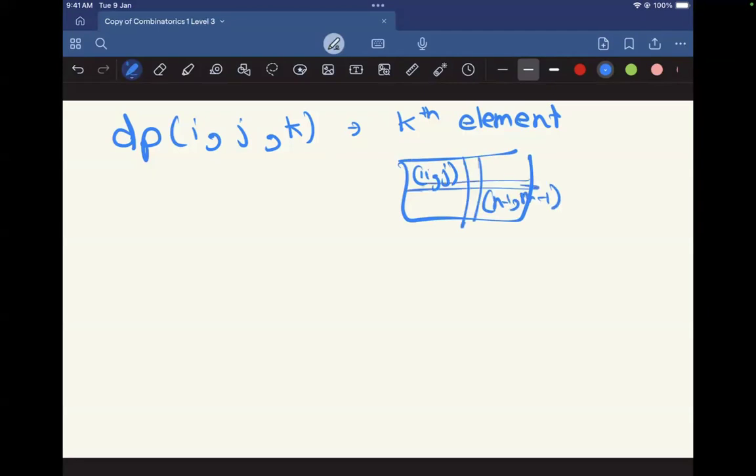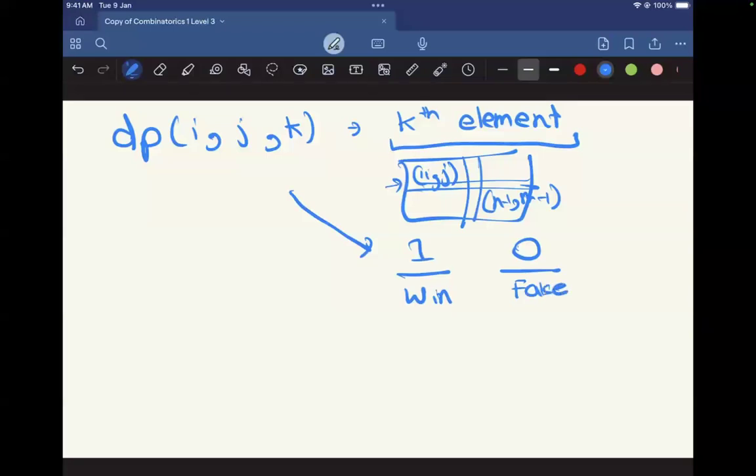This is what my DP state represents. Now, either this value would be 1 or 0. It would be 1 if it is a winning state, or it would be false if it is a losing state. Yes or no? Tell me, guys.